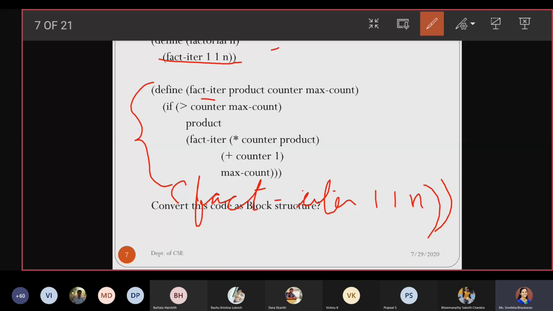No one else can call it. This is what is called block structure. You are blocking fact ITR specifically for the factorial procedure. Only this one can use it. The other thing is, one procedure can be defined inside another procedure. That is one new thing which you have to always remember.